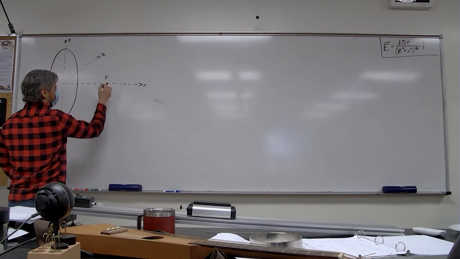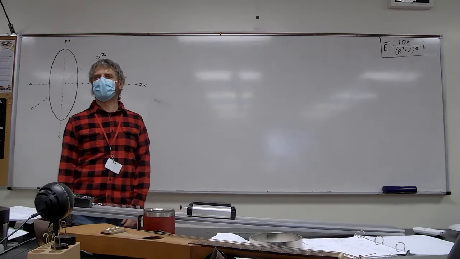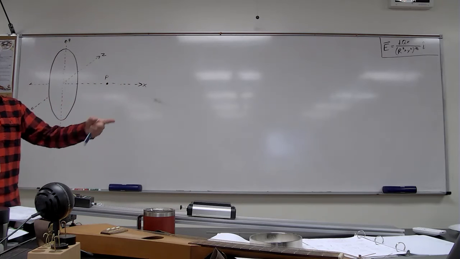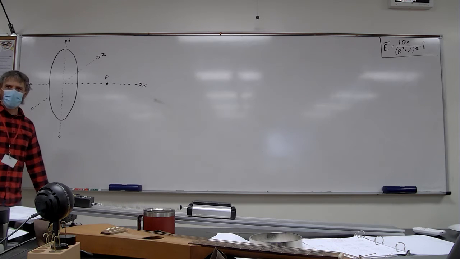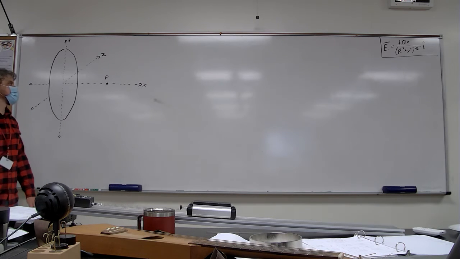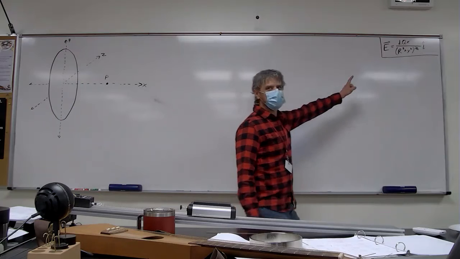All right, so we got point P here. Hopefully we can all agree that by symmetry the electric field is still going to be pointing in the x direction, right? The gist is that we're going to consider this circular sheet of charge to be an infinite number of infinitely thin hoops of charge.